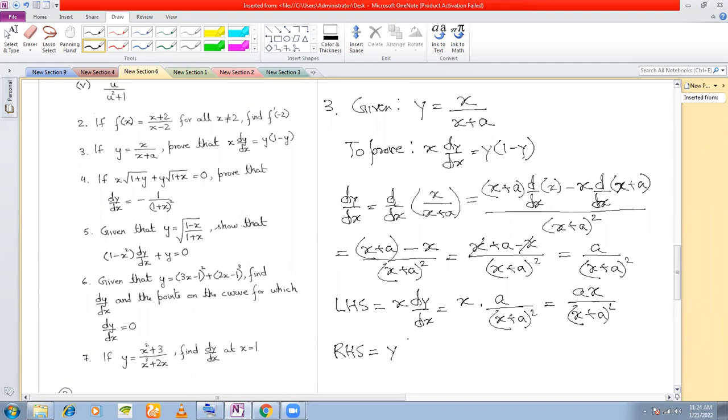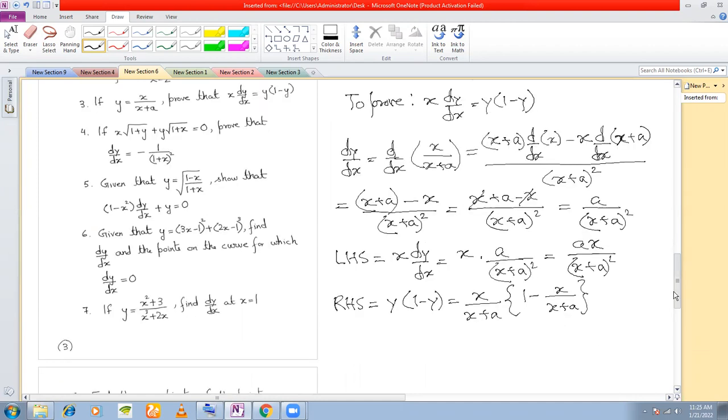What is the right hand side? y into (1 - y). And what is the value of y here? x by (x + a) into (1 - x by (x + a)), right?